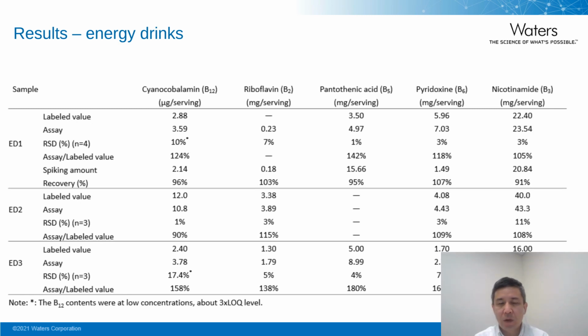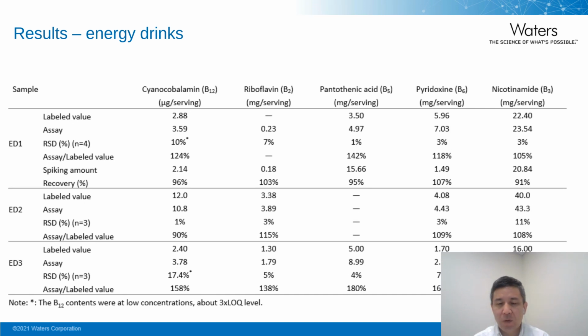For energy drink number one, we also did a spiking experiment to assess the accuracy or recovery of this analysis. And hopefully you can see that for energy drink number one, we have spiked the cyanocobalamin, the riboflavin, pantothenic acid, pyridoxine, and nicotinamide.